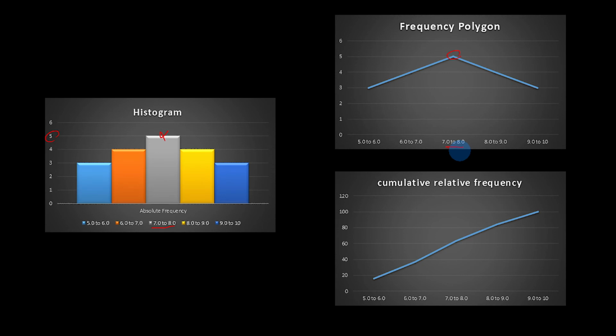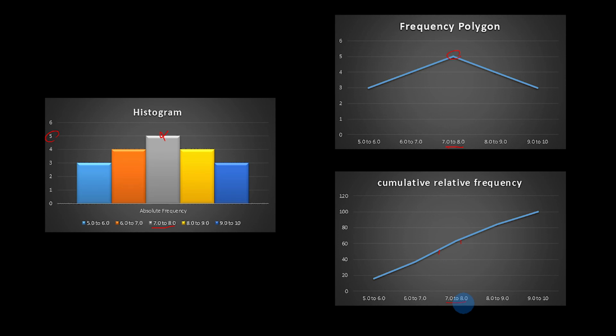Cumulative relative frequency, if you can recall, we were concerned about the slope of the line, but since the returns in each interval are very close to each other, it's quite difficult to detect the slope of the line when it changes. But if you look closely, that should be here, the 7 to 8% range, and that tells me this is where most of the returns lie.